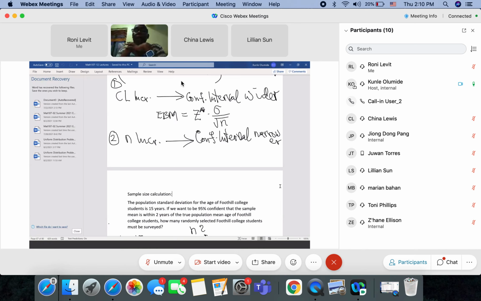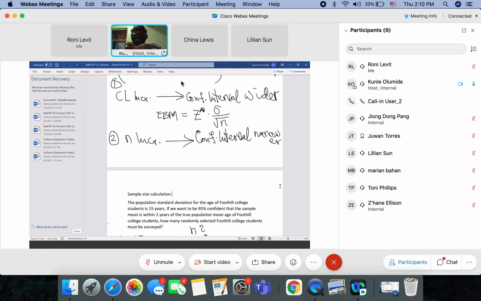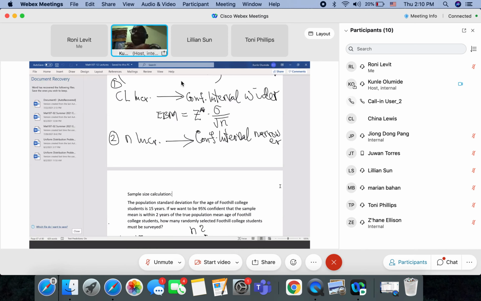Okay. So again, what else are we given? I know we've identified sigma. We have identified the confidence level. What else? I'm still waiting.